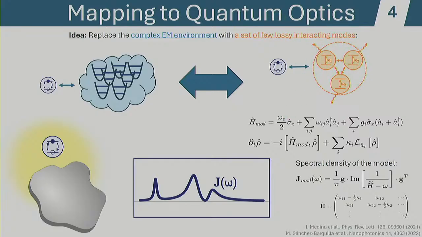Then the idea is just to fit this spectral density to the original spectral density of our environment, and this allows us to find the parameters of the model. And then when we have the parameters, we are able to calculate dynamics and whatever else.